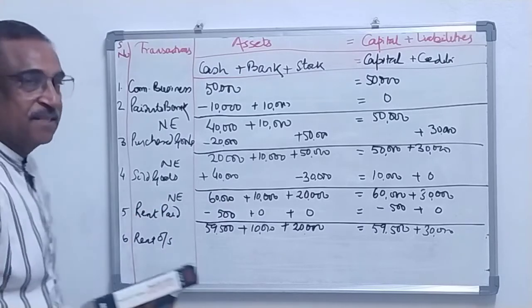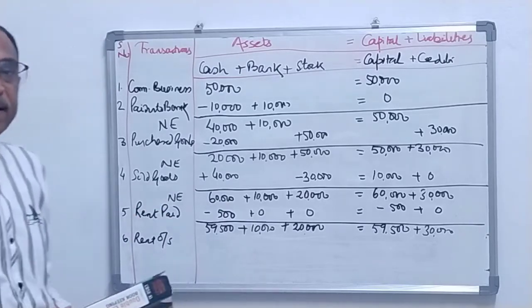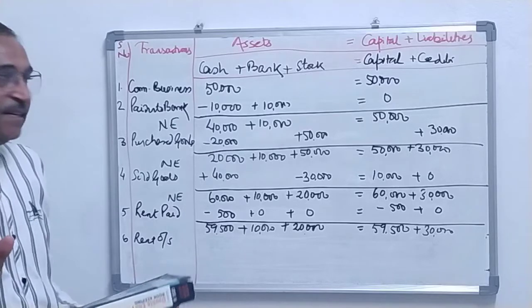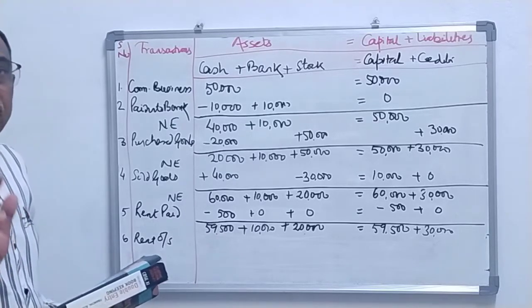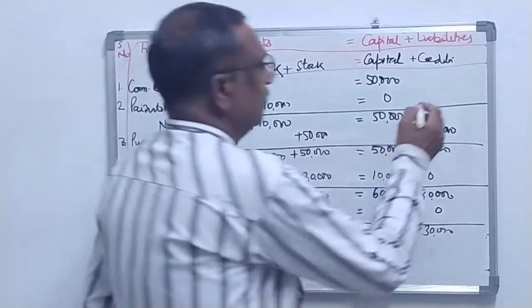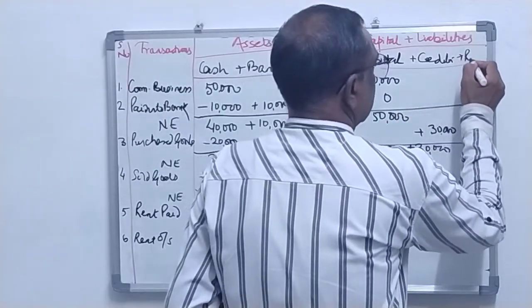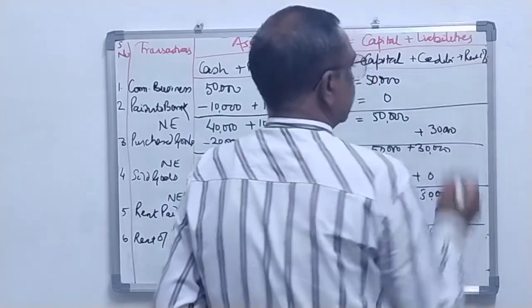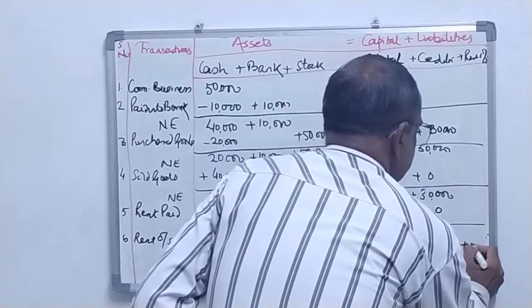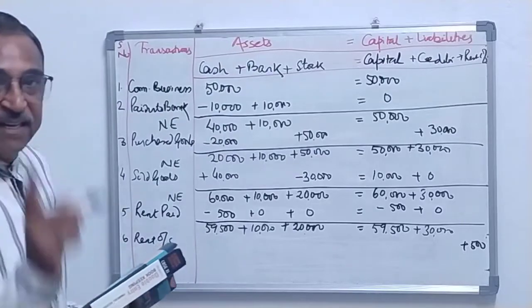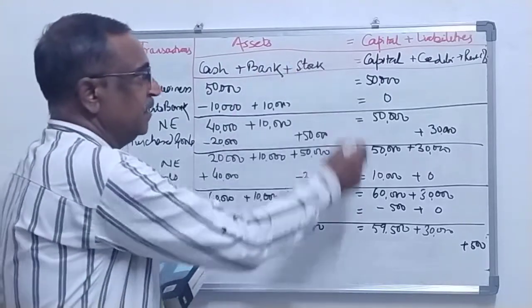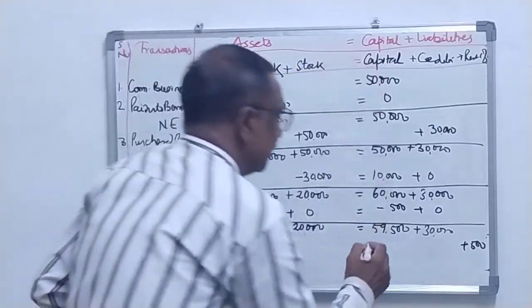It means rent that was supposed to be paid has not yet been paid. So rent outstanding is your liability. So we will open another account, rent outstanding, and we will write plus 500 here, and since rent is an expense, it will be deducted from capital.